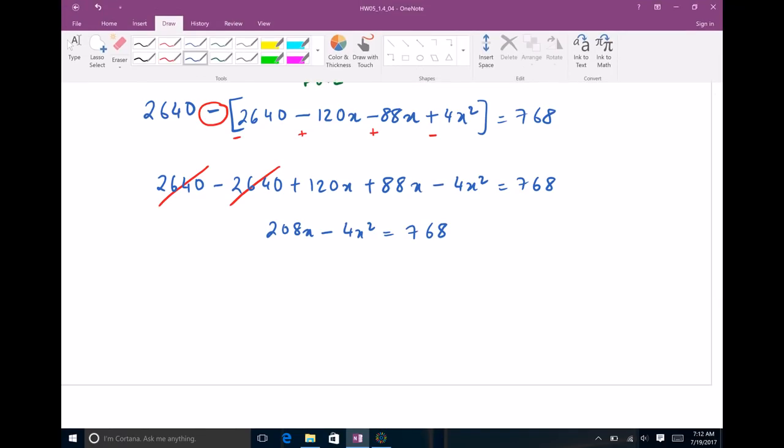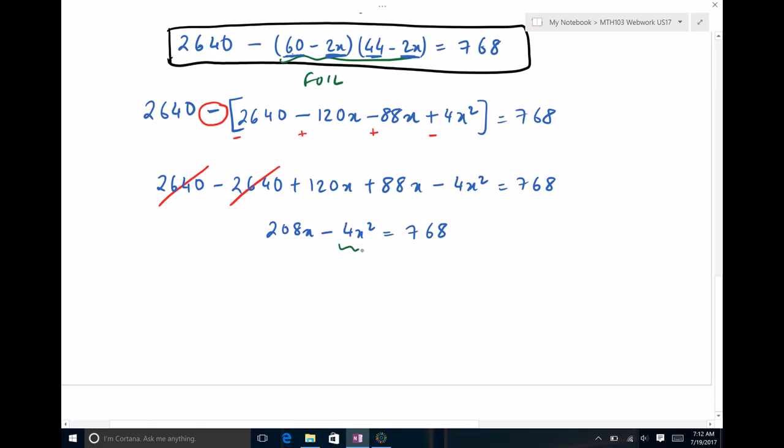To solve this quadratic equation, I'm going to take all the terms onto the same side. In order to do that, I will add 4x squared to both sides of the equation. And since 208x is added, I'm going to subtract 208x from both sides of the equation.